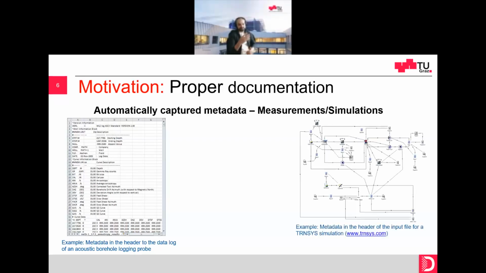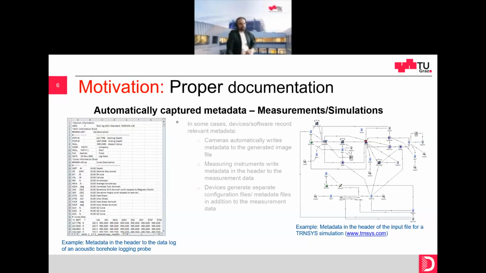On the right side, you also see a simulation from a transit simulation, where you have the actual concept of the simulation itself. Somewhere you have all of the variables which were used for it. And cameras, for example, also have a lot of metadata written in their files.